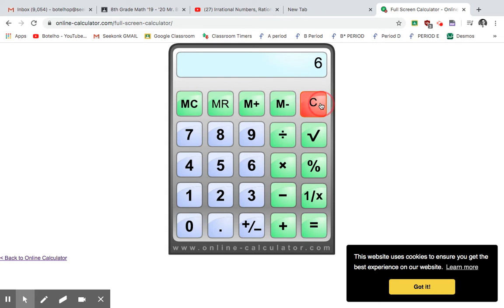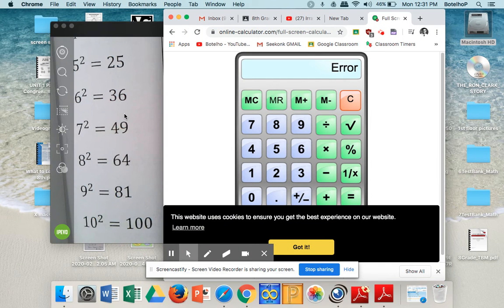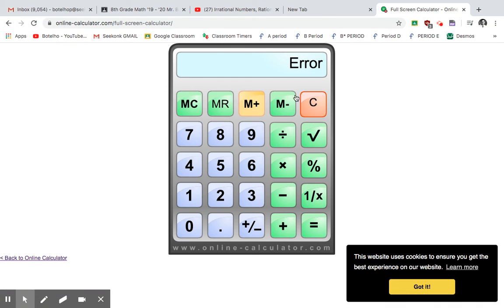I think I have to do it like this: negative 6, then I press square root. Error. So any negative number I put in here, negative 100, even though we know the square root of 100 is 10, if I take the square root of negative 100, it's an error. So that's just the basics of rational, irrational, and not real.